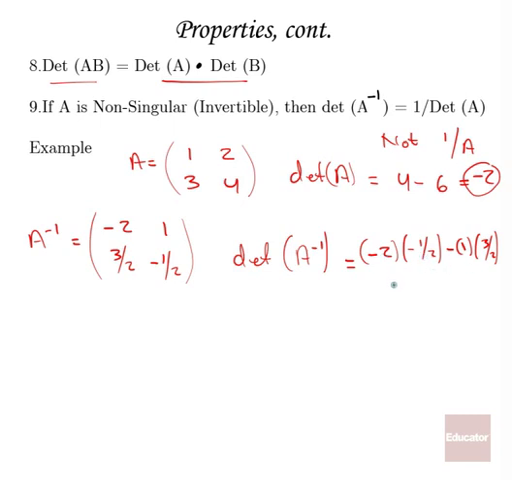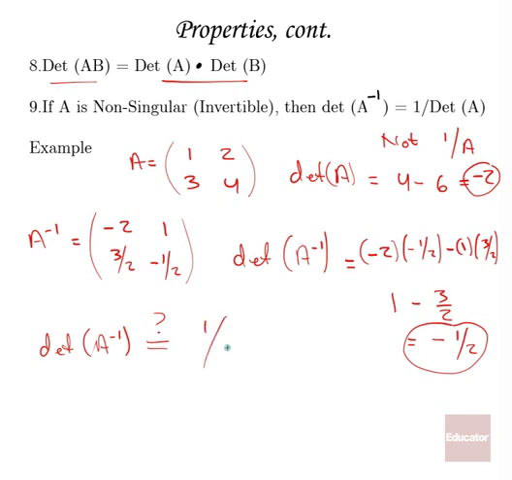Minus 2 times minus 1 half is a 1, minus 3 halves is equal to negative 1 half. Well, we said that the determinant of the inverse, we want to confirm that, is equal to 1 divided by the determinant of the original. Well, the determinant of the inverse is minus 1 half. Is it equal to 1 over minus 2? Yes.